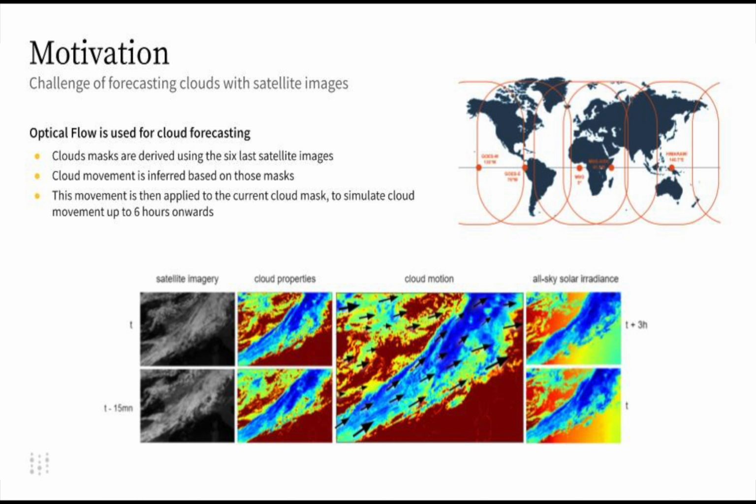Our existing workflow uses first a step of cloud detection to identify clouds in the image and to estimate their optical properties, mainly their transparency. Then the last 6 cloud masks are combined to infer the cloud movements. Clouds are then propagated using optical flow to simulate the evolution of their movement in the future.